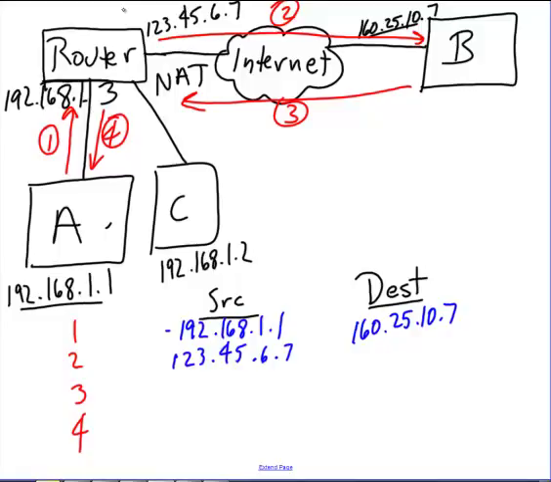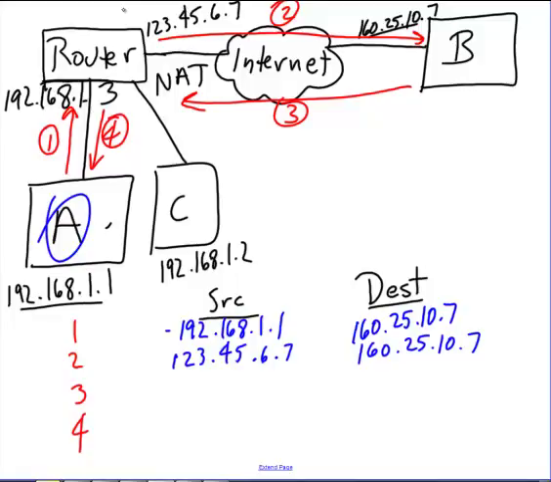And it's going to remember that that packet originally came from A. We won't go into the detail of how it does that. The destination remains the same because it's still going to B. So that's what happens along the path from the router through the internet to B.